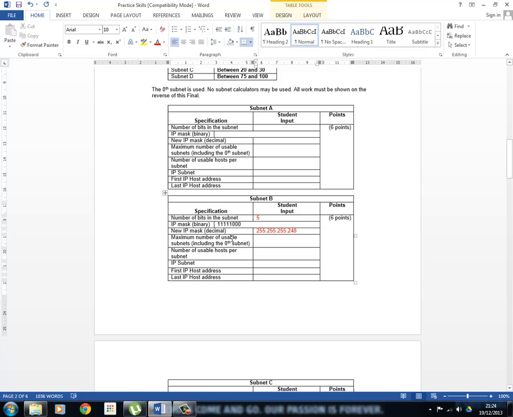Maximum number of usable subnets within, so everything's going up in 8. So you can do this 2 ways. You can either divide the 8 into 256, or you can just go through it. Okay, so I think it's 64. Am I right? No, it's 32. Okay, so it's 32. If I'm wrong, please tell me.